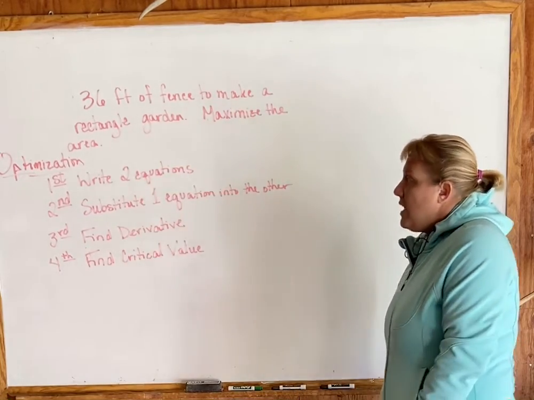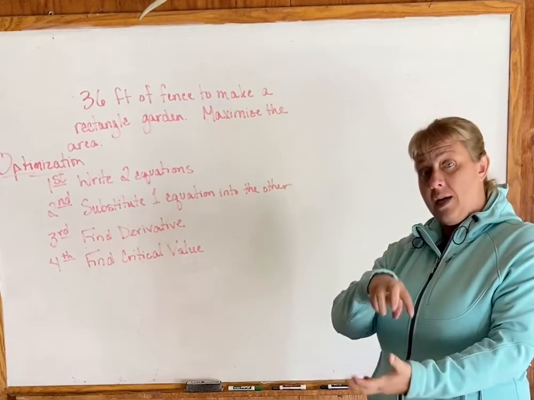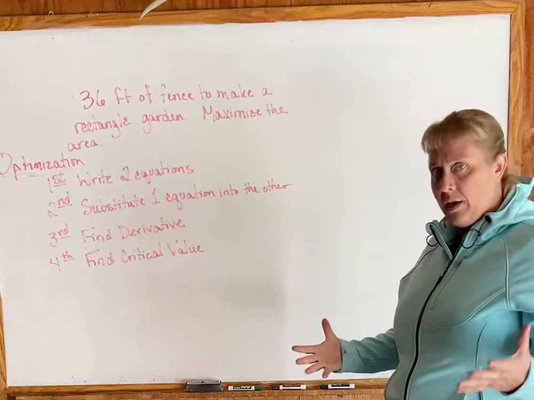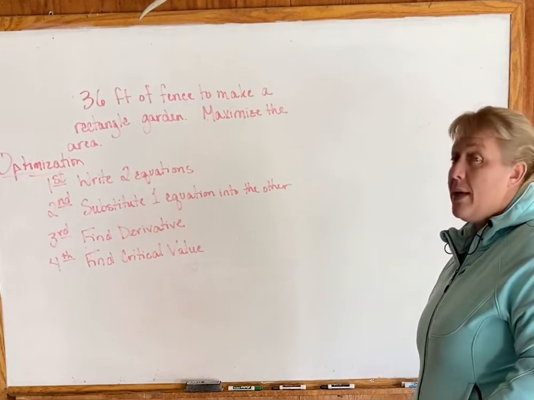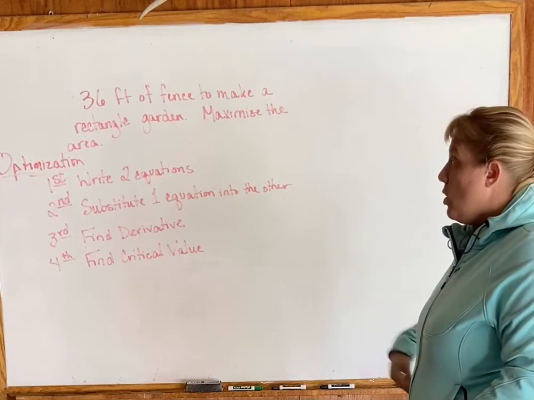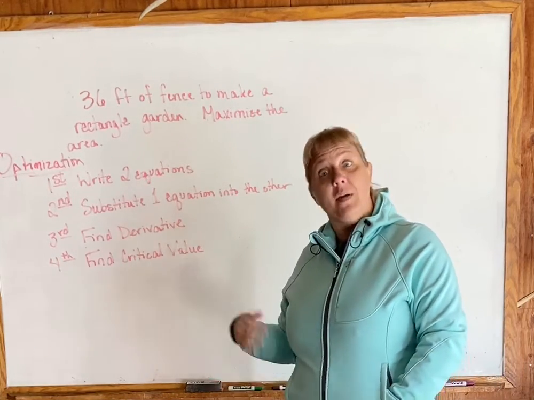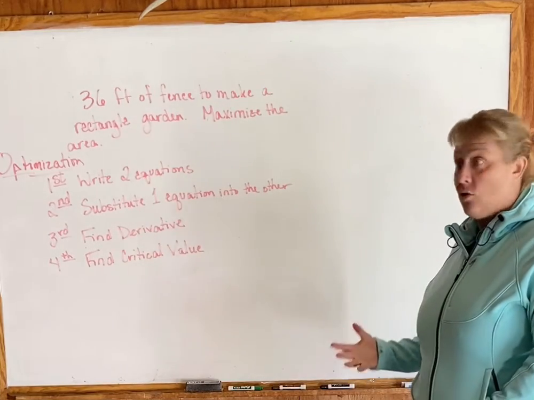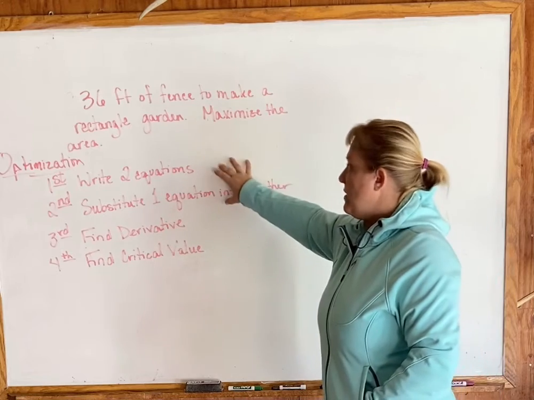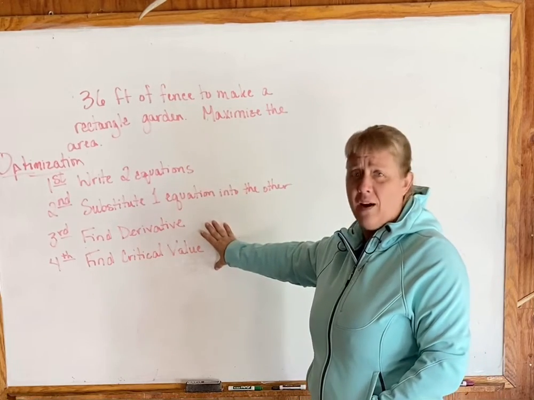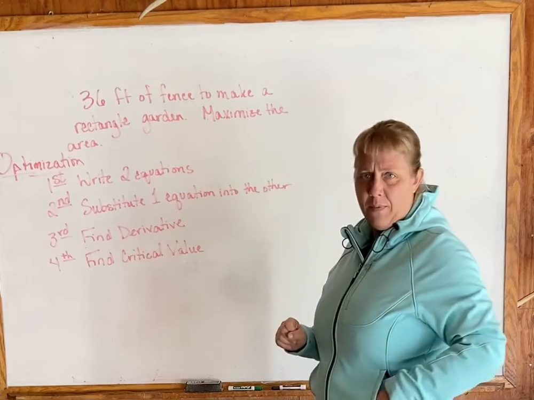The second thing is that we're going to substitute one into the other to get one equation, because essentially we just want one equation. Once we get our one equation, we're going to find the derivative and then find the critical value, because that critical value will be either a max or a min. So the hardest part here is this first part, because you already know how to find the derivative. So this should be the easy part now. This is the kind of crappy part.